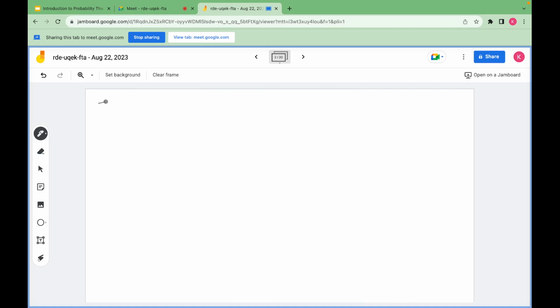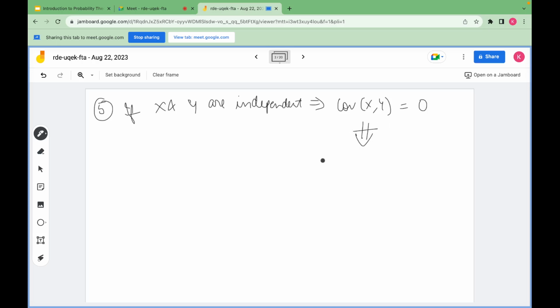And the fifth result is if X and Y are independent, then covariance of X comma Y is equal to 0. But it does not imply that if covariance of X comma Y is 0, then they are independent.